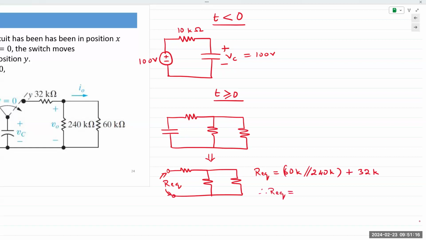And this gives me an Req of 80 kilo ohms. Do not forget the unit prefix, very important in this case. It's not 80 ohms, it's 80 kilo ohms. Okay, 80 kilo ohms.